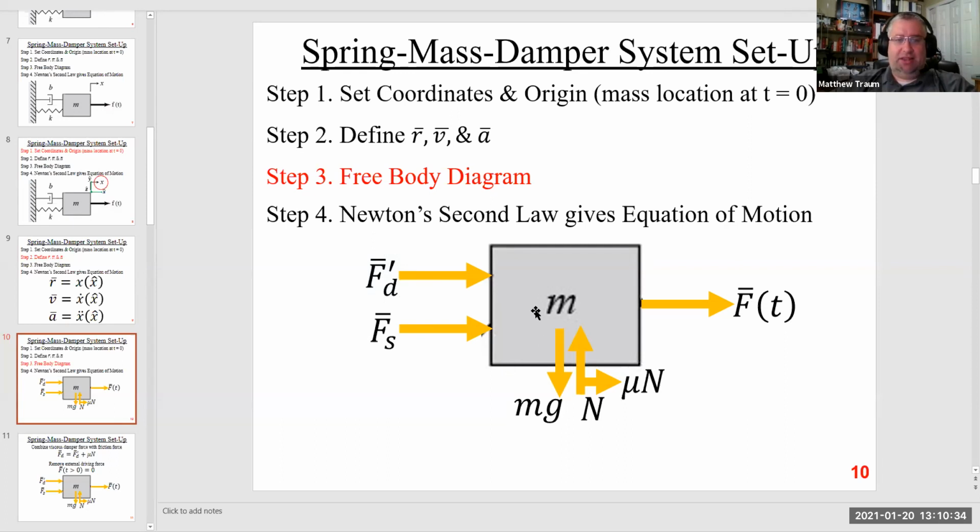I'm imagining that this mass, even though it's not shown in the schematic, is sliding along some sort of surface, right? Which is what prevents it from just falling in the negative y hat direction. And so we've got gravity pulling the mass down with its weight mg, and then we've got the normal force of whatever surface it's sliding over pushing back up. And then that normal force, because we are sliding over a surface, does induce this friction force. So friction coefficient times N.